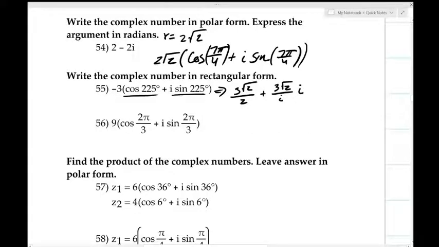Okay? Then the following, let's write the complex number in rectangular form of 9 times cosine of 2 pi over 3 plus I sine of 2 pi over 3. So let's figure out cosine of 2 pi over 3.